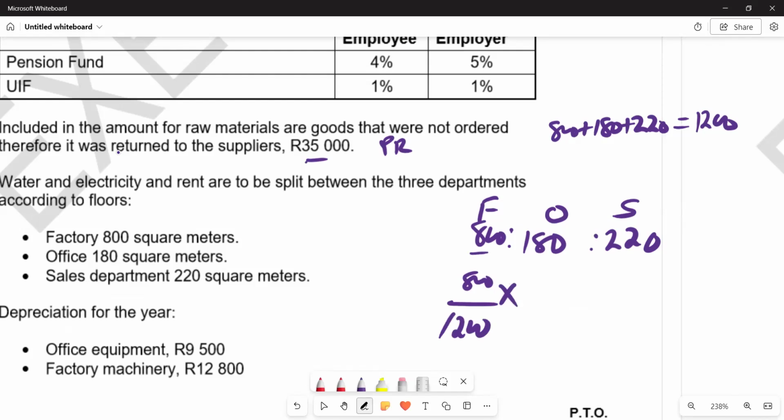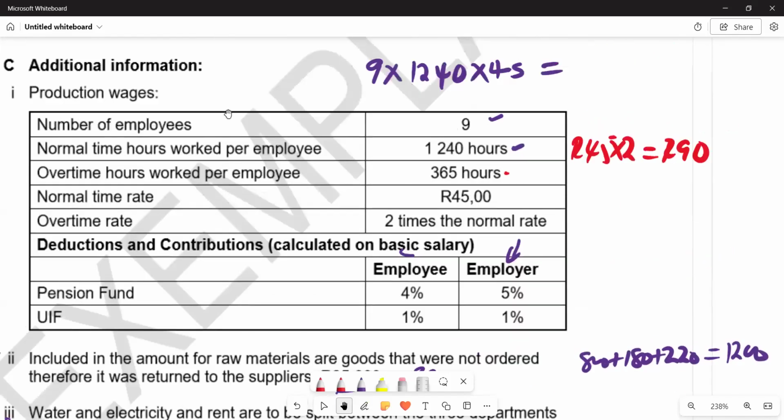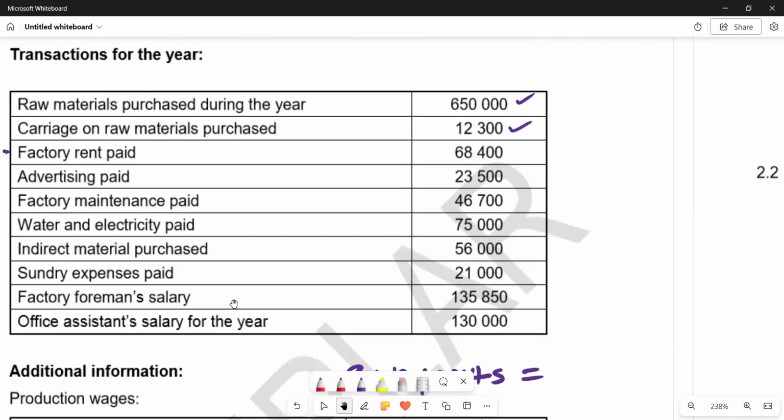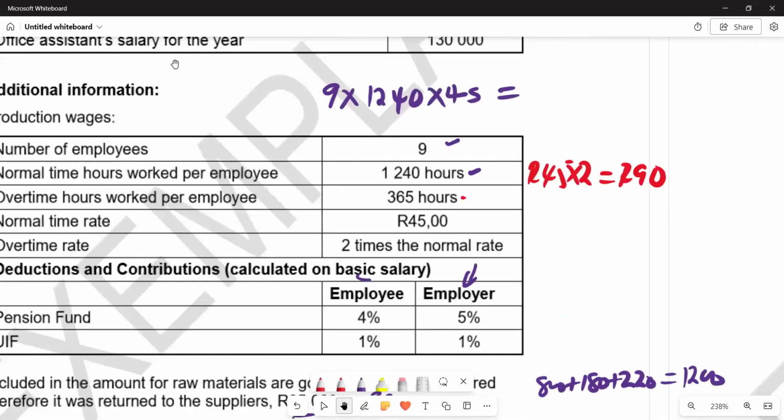For example, water and electricity, we can use this ratio for the factory, and rent we use the same. Here we are concerned about rent, so we pick the total figure that we identified there, which is 68,400. So the ratio that you've created, 800 over 1,200, is multiplied by 68,400.